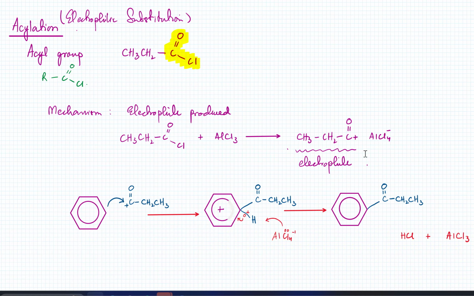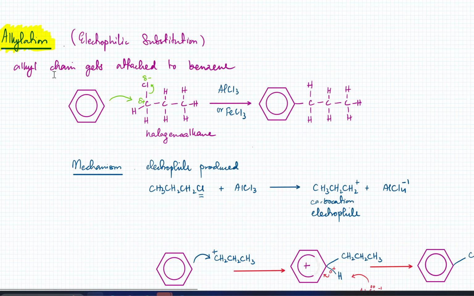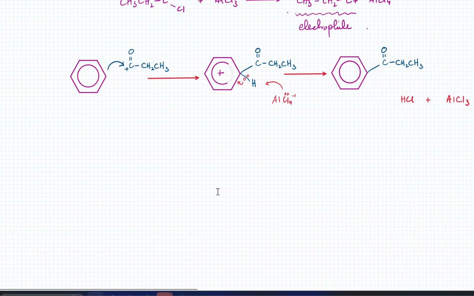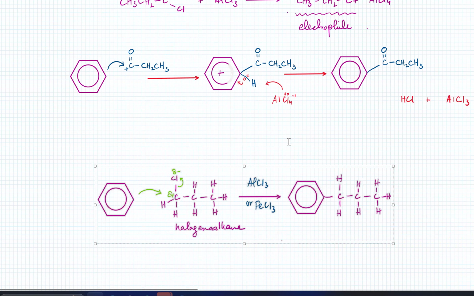I'm just going to write the overall mechanism, just a second. I'm going to copy this. You need a catalyst for this. The overall thing is, let's change this. So this was alkylation with a halogenoalkane, and this is going to be with a C double bond O and Cl.